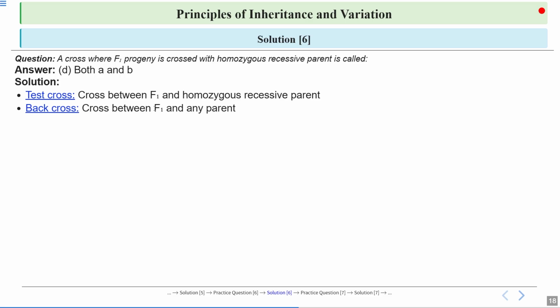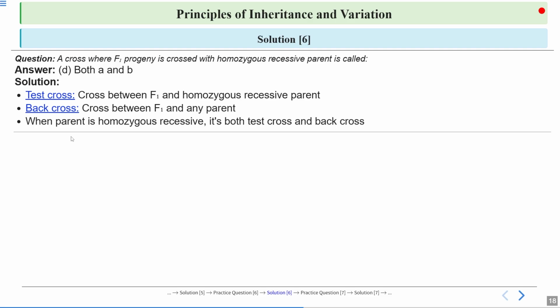In back cross, we can cross F1 with homozygous dominant and also with homozygous recessive. If the parent is homozygous recessive, we call it a test cross. We have given it another term. So the answer can be both A and B. When the parent is homozygous recessive, it can be both test cross and back cross. If there was no option of back cross here, then the answer would be test cross.